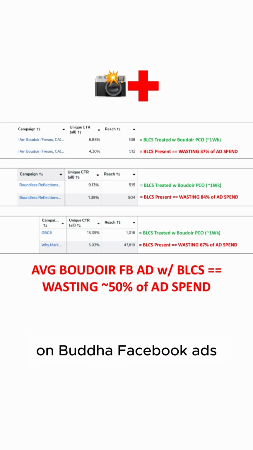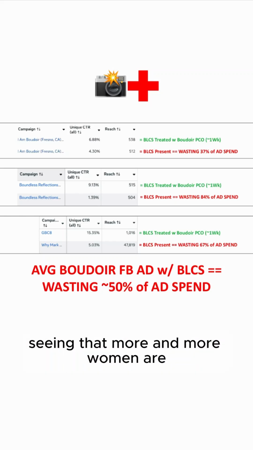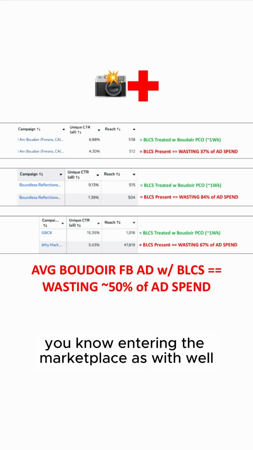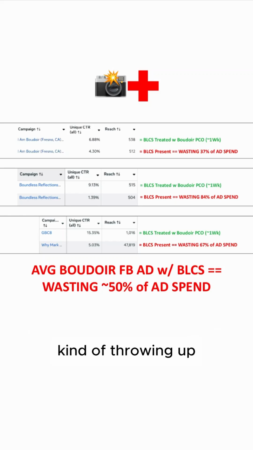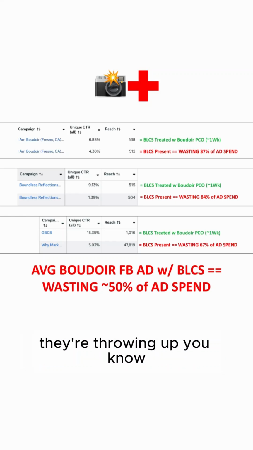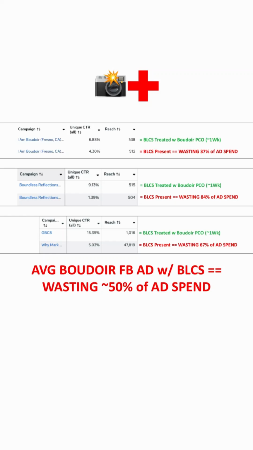a month on Boudoir Facebook ads, and you're looking at the marketplace seeing that more and more women are entering the marketplace as boudoir photographers every day. Seems like anytime someone gets a new iPhone, they're throwing up a Google My Business profile that they now offer boudoir photo shoots.